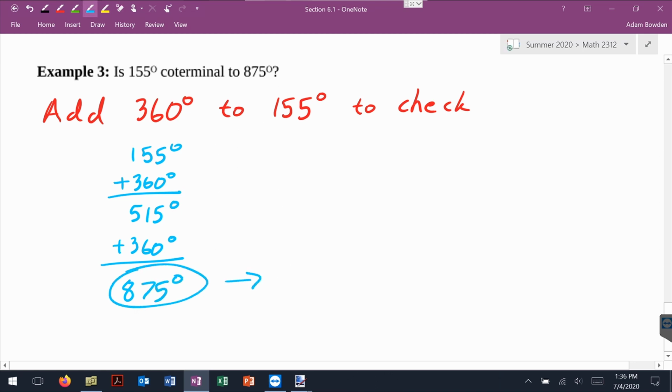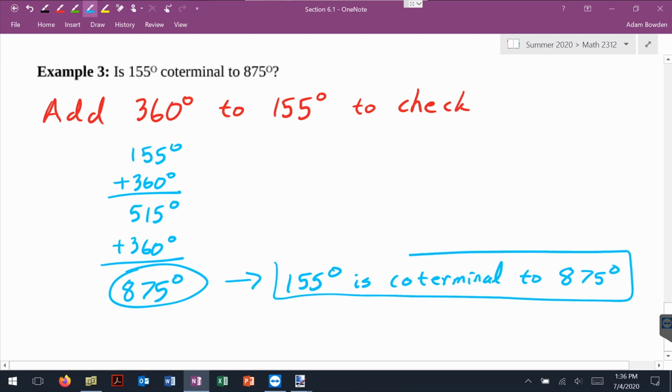So as a result, we can say that indeed 155 is coterminal to 875 degrees. As long as we can add enough 360s to get there, that is enough to show that it's coterminal.